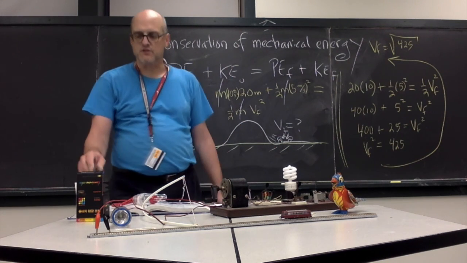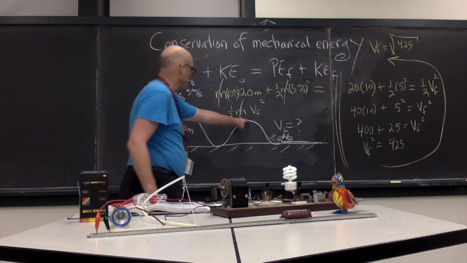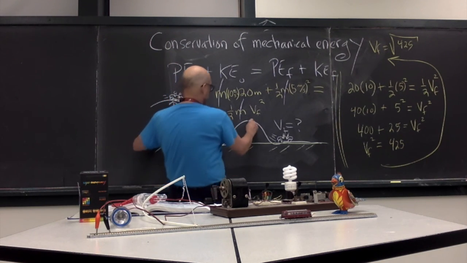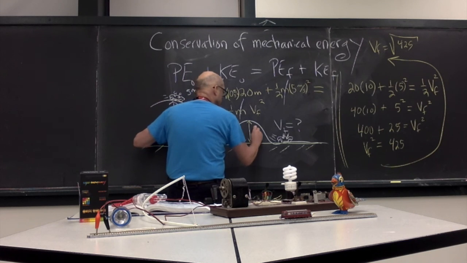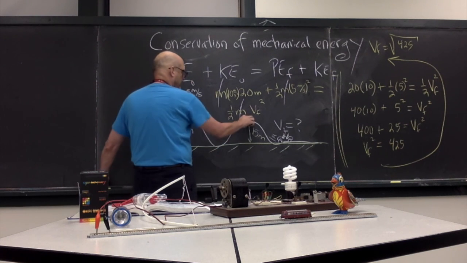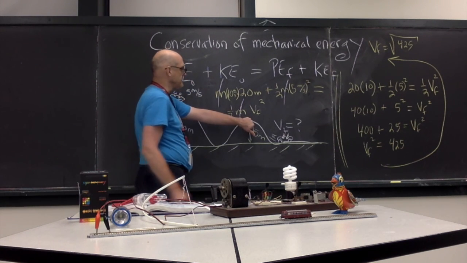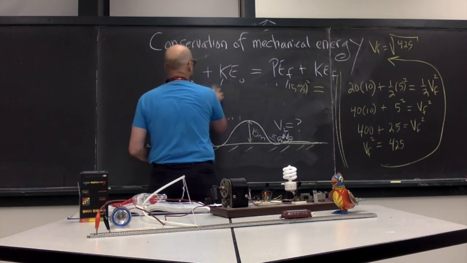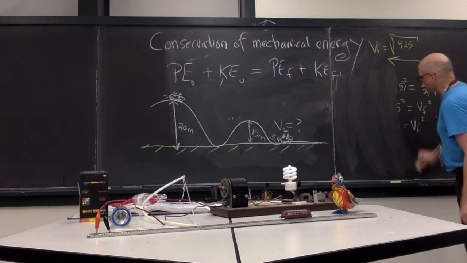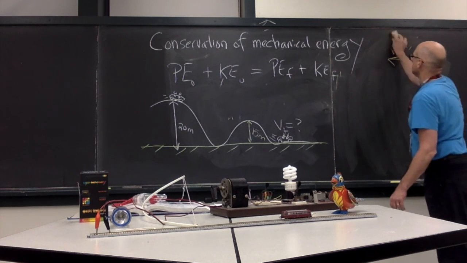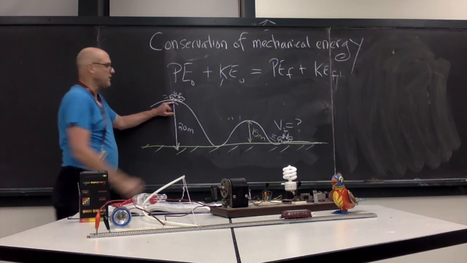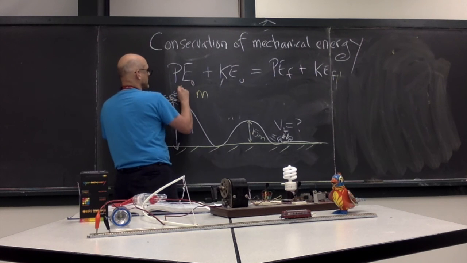Now let's say we want to figure out the speed of the coaster at this location here. So we know, let's say the height is 15 meters. And we want to know how fast the coaster is traveling at the top of this hill. All right, so we have potential energy. Oh, and this was traveling at 5 meters per second.